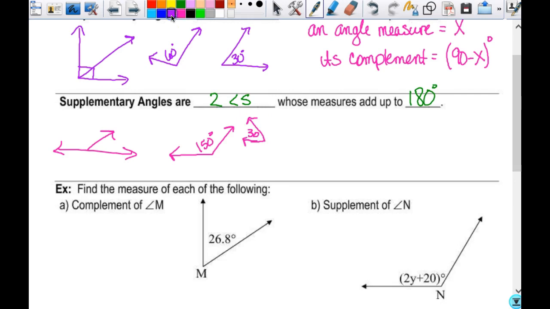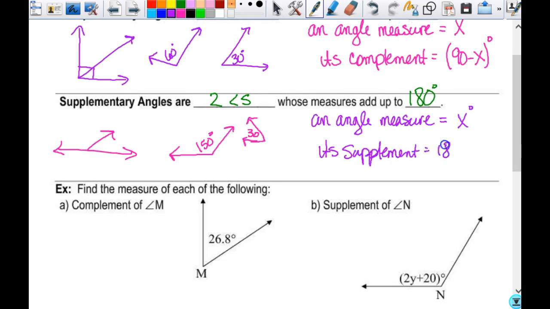So then if an angle measure equals x degrees, then its supplement would be what? Good. 180 minus x. Okay, everybody okay with all that?